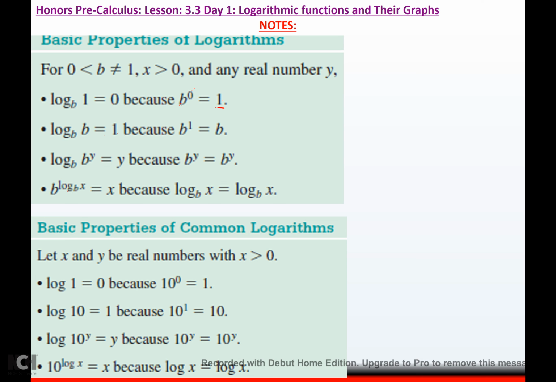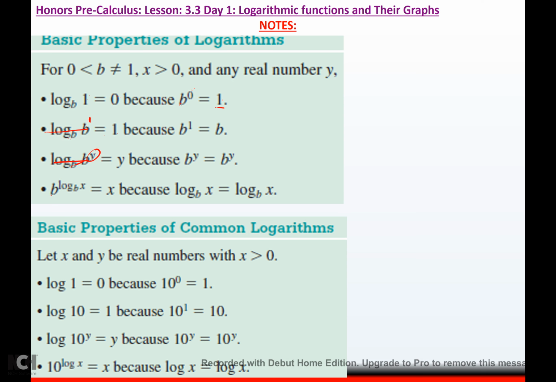This one you can't really roll the log, because it's in the exponent, but here's what they're trying to show you. Any log of 1 is going to be 0. Any log where you see these two bases match, then whatever's up here is going to be your answer, because basically these would cancel out. Same here, if it's not a 1, these match, so whatever is up here is your answer.